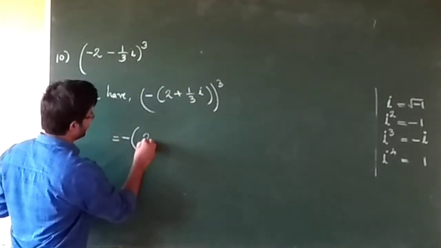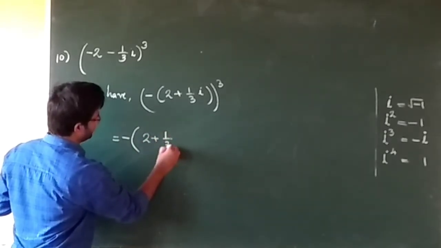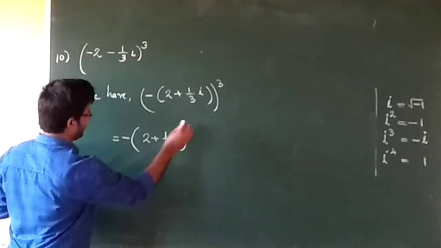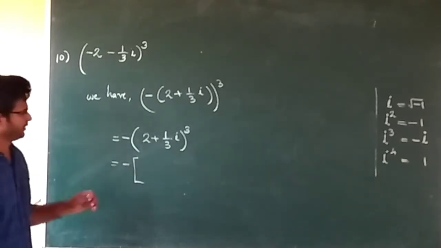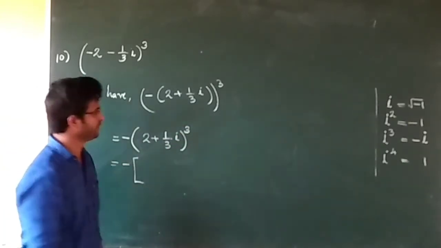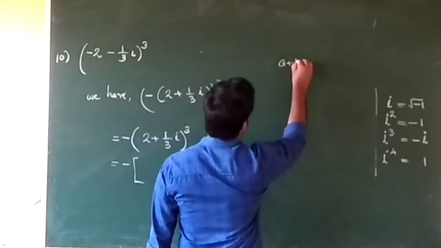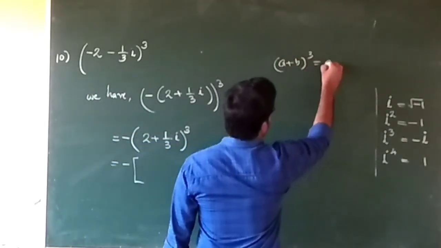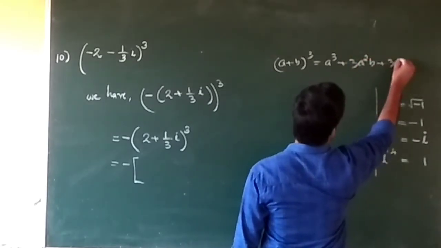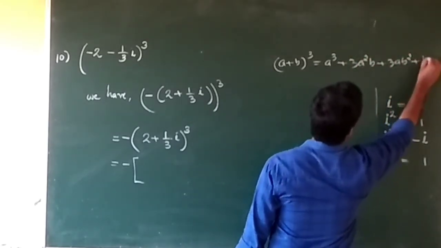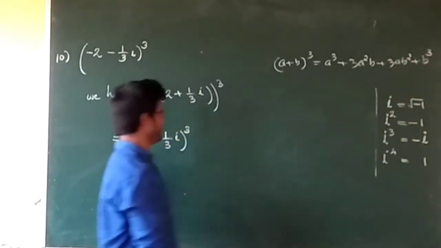Then minus of 2 plus 1 by 3i whole cube. Here we can use (a plus b) whole cube. What is (a plus b) whole cube? a cube plus 3a square b plus 3ab square plus b cube. Use this formula here directly.